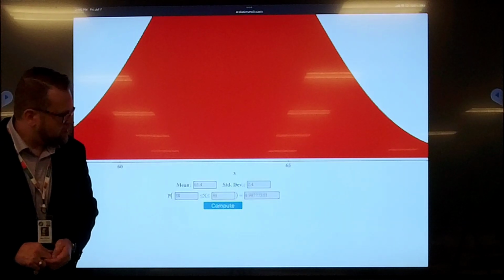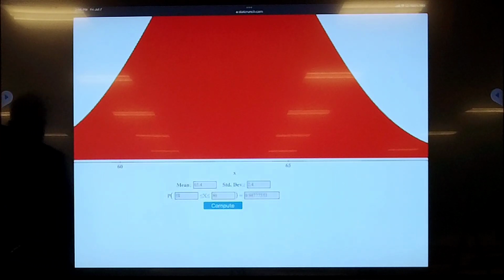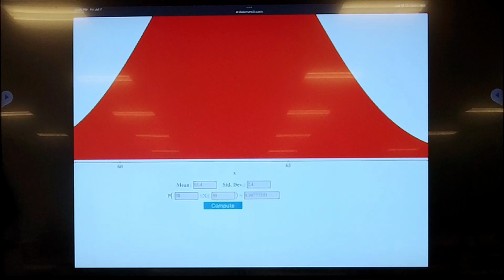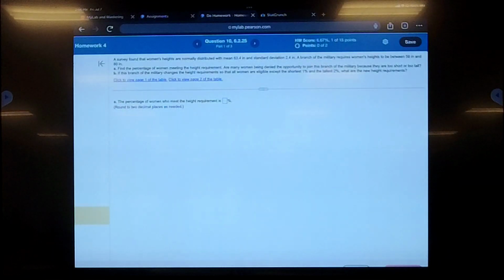And I've got 98.78%. It's nearly all of them. So nearly all the women are qualified height-wise.